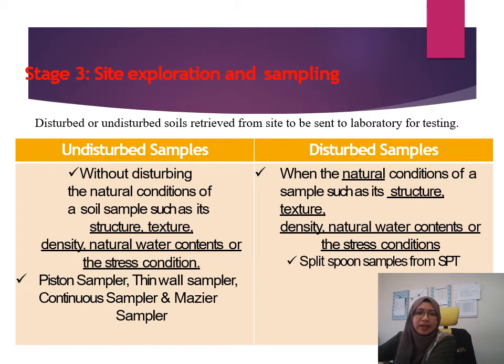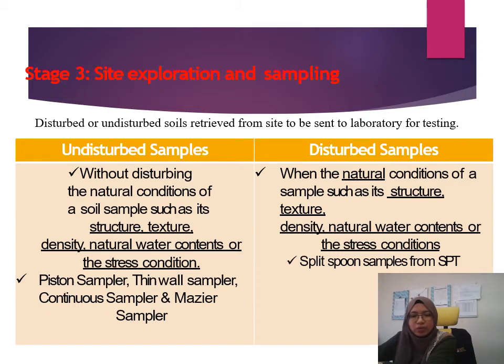Alright, so the disturbed and undisturbed samples that I talked about earlier: disturbed or undisturbed soil can be retrieved from site to be sent to the lab for testing. Undisturbed means without disturbing the natural condition of the soil, such as its structure, texture, water content, and so on.